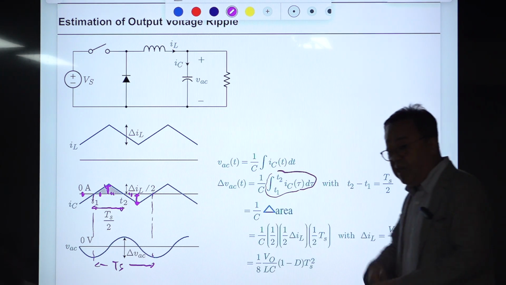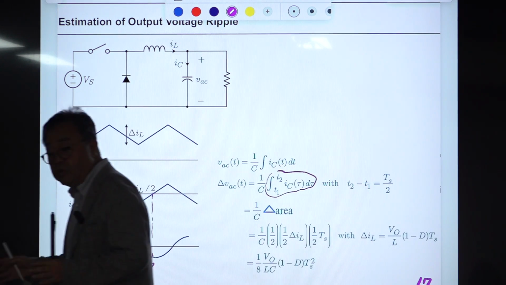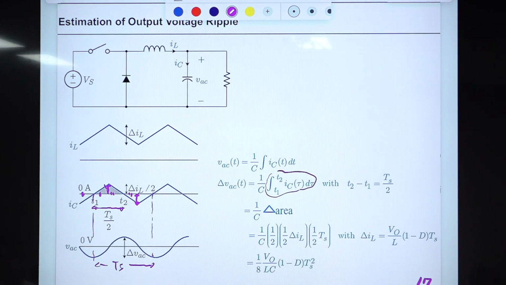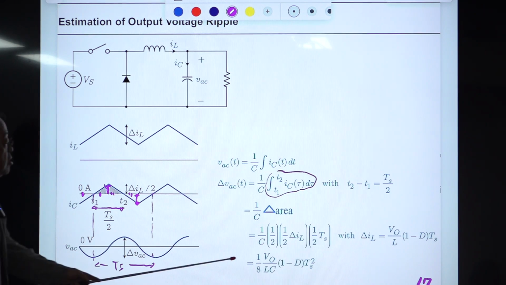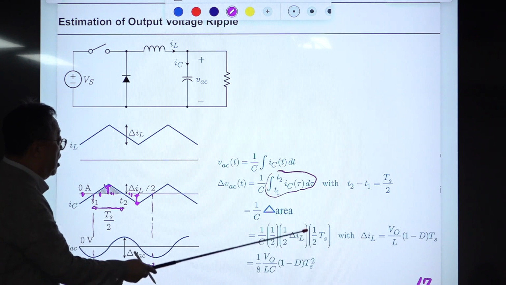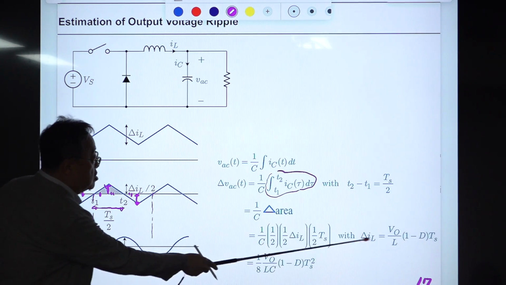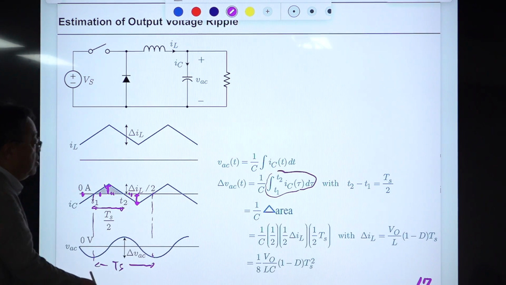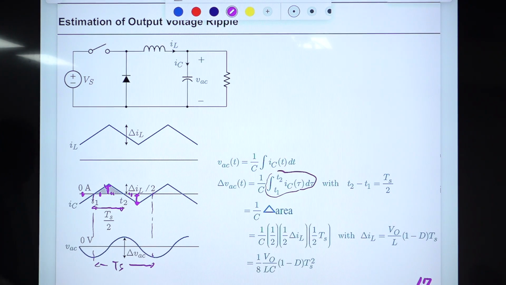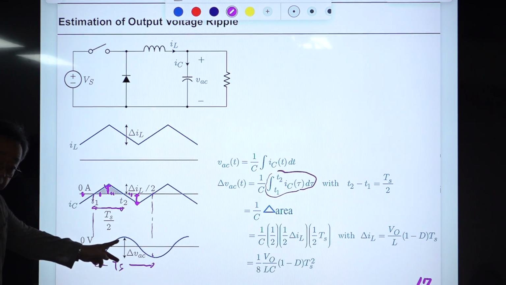We want to make an ideal voltage source when you are designing a DC to DC converter. So this voltage is always known, and by plugging everything in here, this is the equation. So this is the equation for the magnitude of this ripple component.